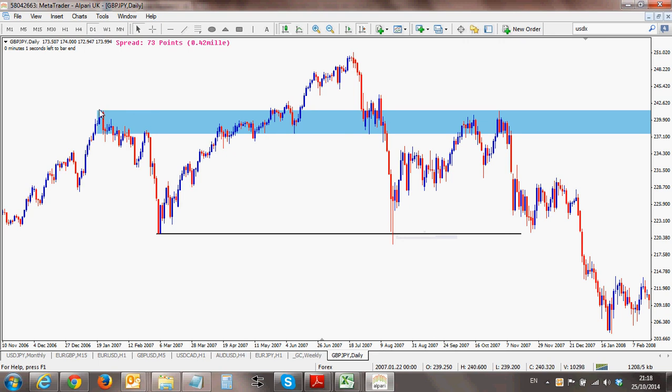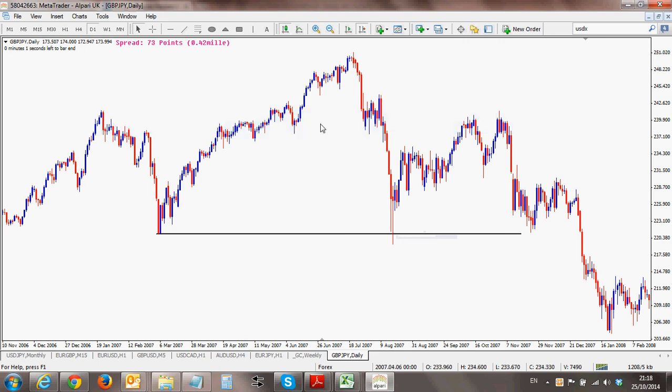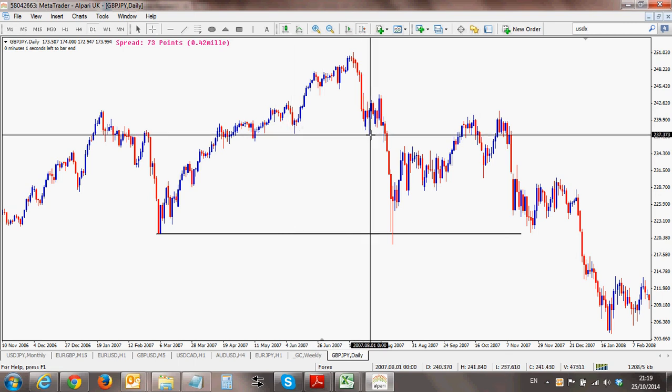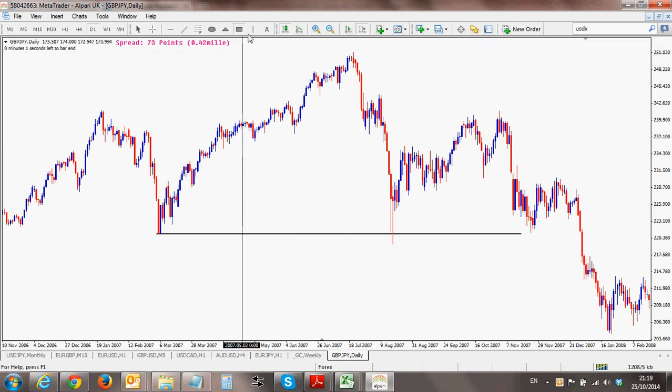So I use this box just really to see the height of the left shoulder, to assess where the right shoulder might come, and here, I haven't really looked to see if this is lower than that, although I suspect it might be. Yeah, so just see the tiny amount this is here. So that creates a flag there. And this really is where you'd be looking for your Quasimodo to happen.